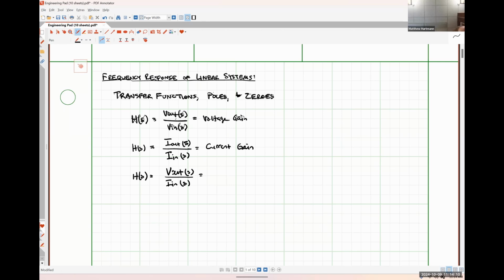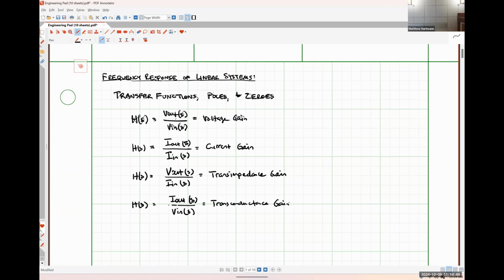So this would be a trans impedance gain. Or we could have an H of S that is I out of S over V in. And this would be a transconductance gain.